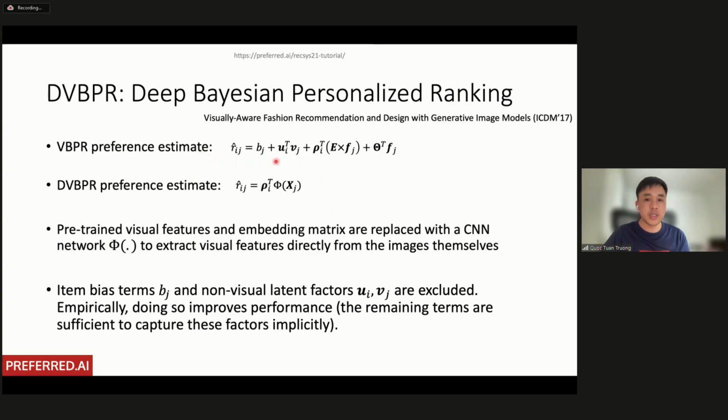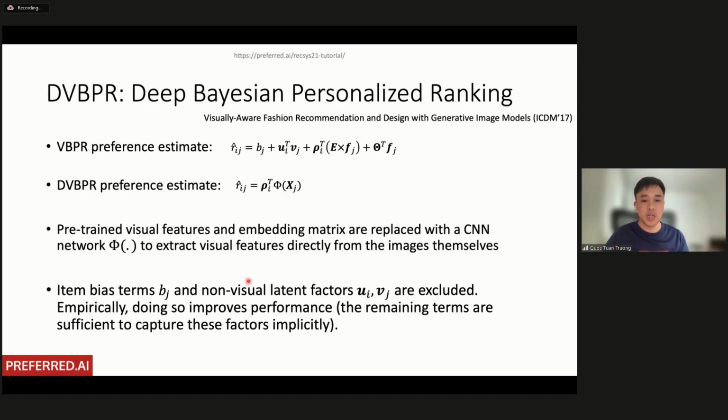As you see above, here is the formula to estimate the rating values in the VBPR paper. For the VBPR, they also simplify the prediction. So the phi here is the CNN part. The X is the image of the item, and it is projected into low dimensional vectors and then interacts directly with the user latent vectors. And that's it.